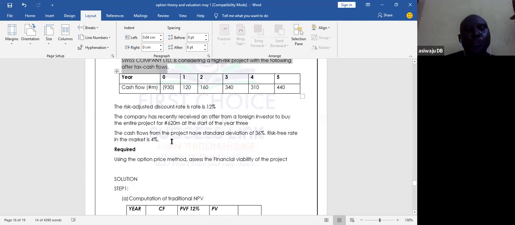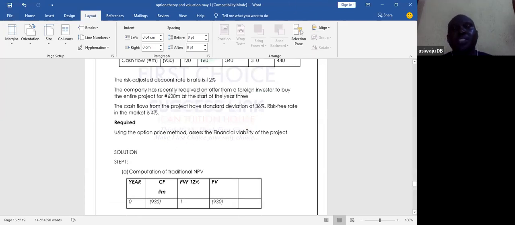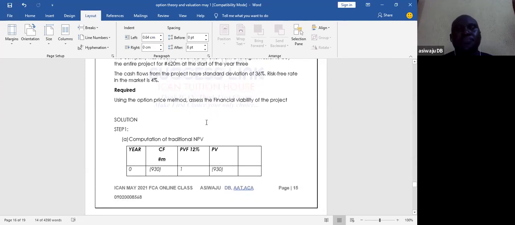The cash flows from the project have a standard deviation of 36%, risk-free rate of 4%. The examiner says, using the option pricing method, assess the financial viability of this project.